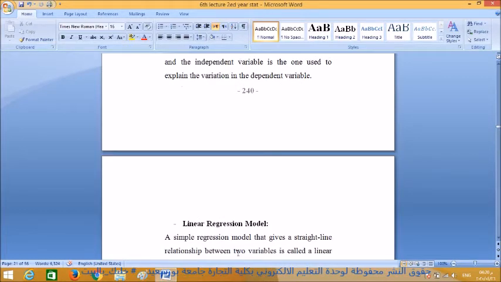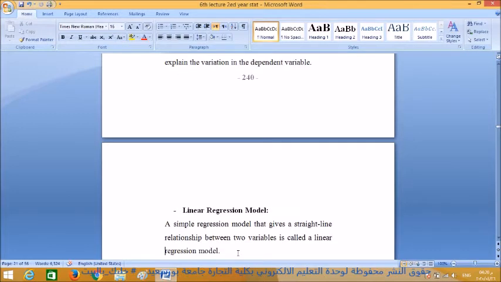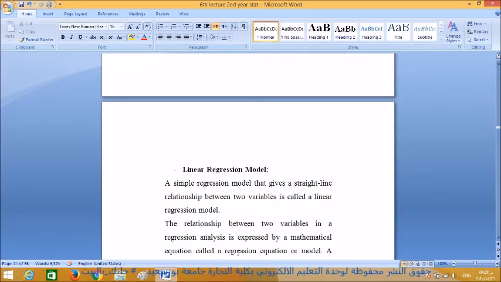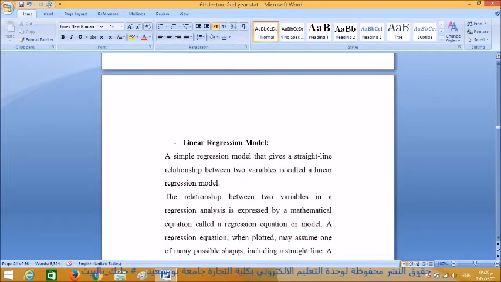A simple regression model that gives a straight line relationship between two variables is called a linear regression model. The relationship between two variables in a regression analysis is expressed by a mathematical equation called a regression equation or model.